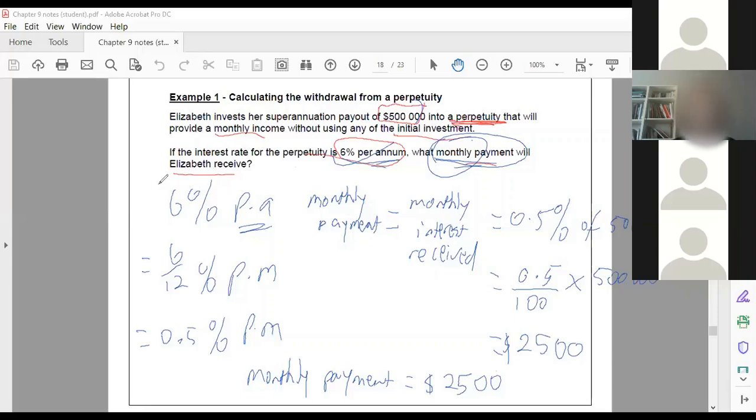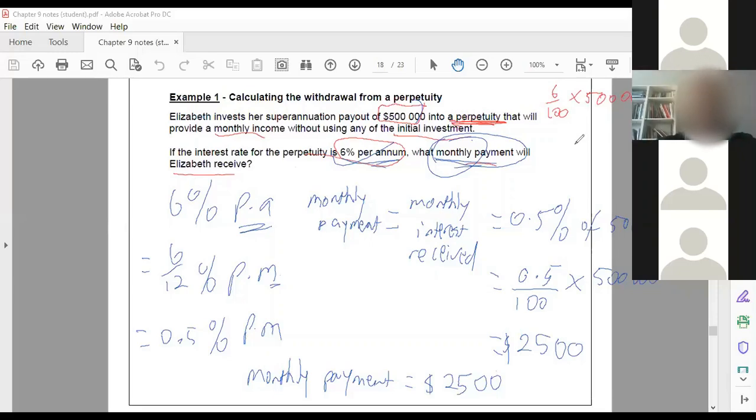Okay, so we worked out the interest as a monthly interest, and then we're just doing that for the month. As I said, and I'll do it in red up the top here, I could have just done 6 divided by 100, the 6% times 500,000, but this is for the year.